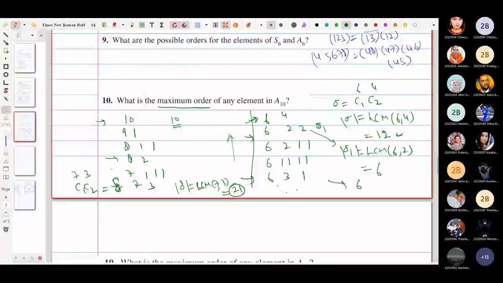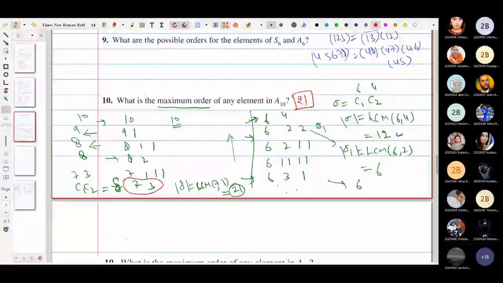Similarly, if you take these two, 8 and 4, of course you are going to get 8, and then 4 8, and here again you get 8, here you get 9, and here you get 10. So as we see, the maximum order of elements in A10 is 21. In this case 21.